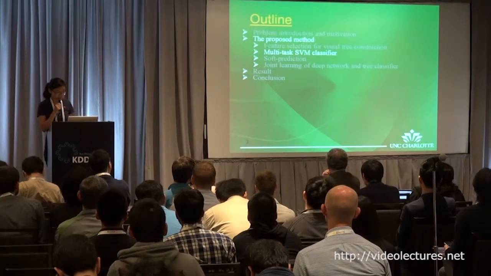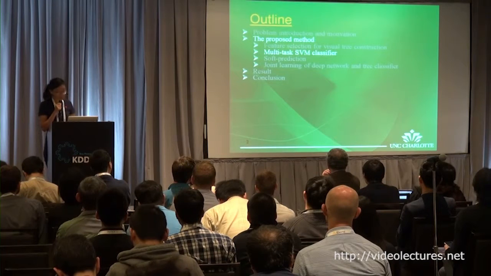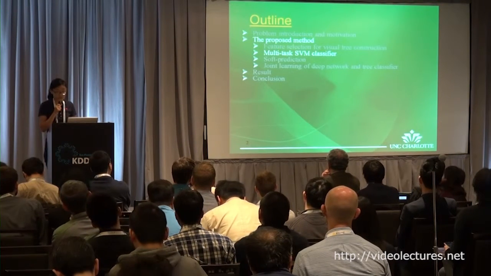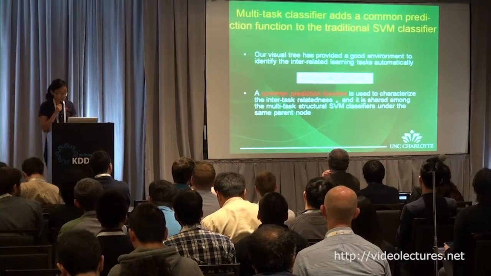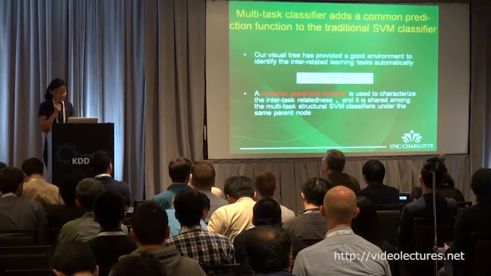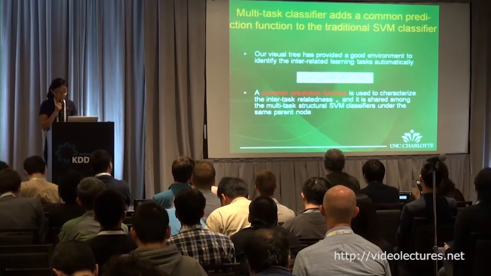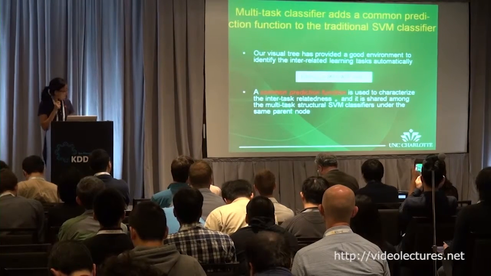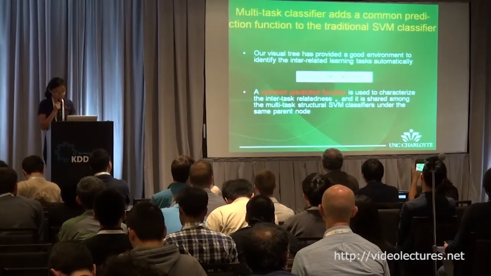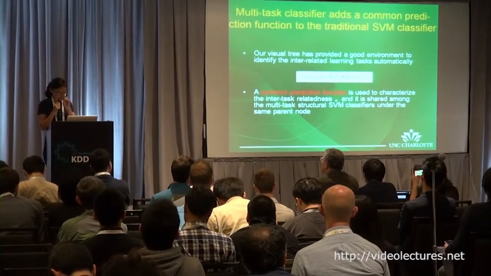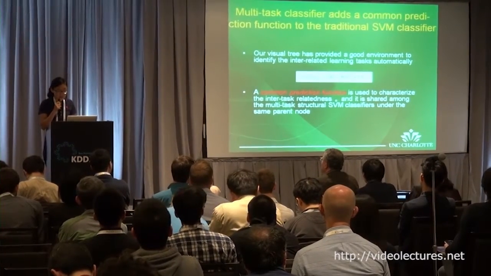After we have this tree structure, we deploy a multiple layer multitask SVM classifier. The difference from the traditional SVM is that the multitask classifier has a common prediction function for the classifiers. Our visual tree has provided a good environment to identify the interrelated learning tasks automatically.